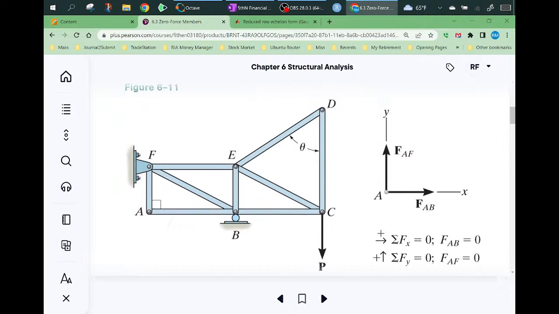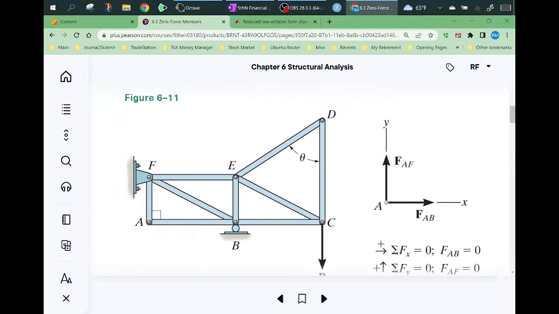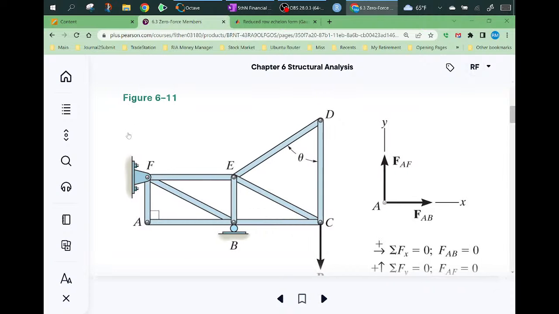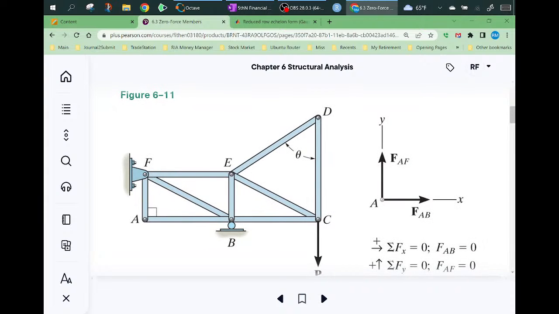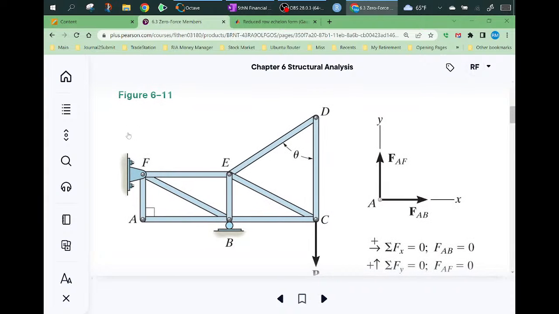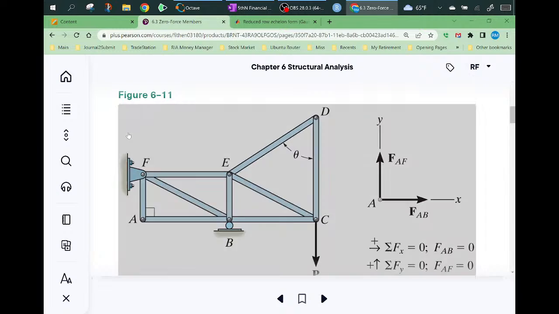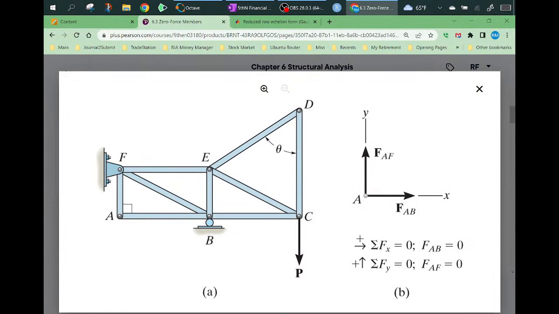If you look at it, any member of this one, for example, A, that's a classic case. If you break A apart, and you look at FAB, which is this term right here, and the FAF, you're basically going to get that these two members don't do anything. Also, ED and DC are going to be the same thing.